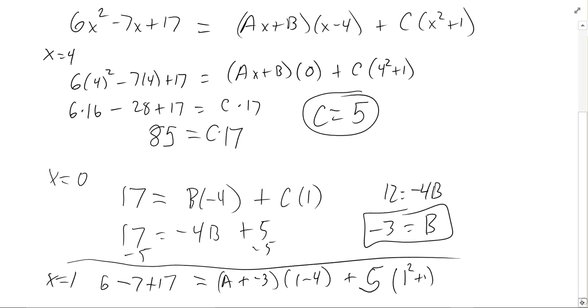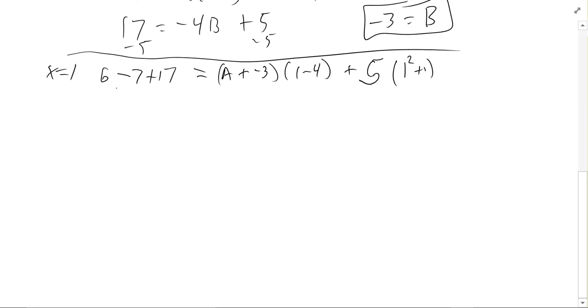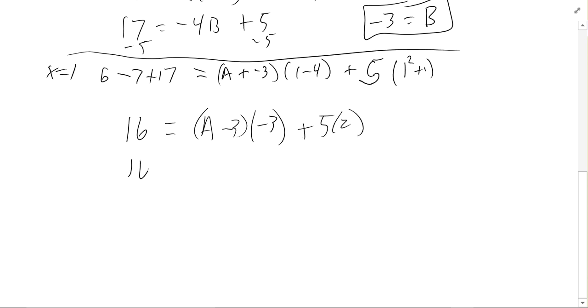So that's going to give me 16 is equal to a plus a minus 3 times a negative 3 plus 5 times 2. 16 is going to equal negative 3a plus 9 plus 10.